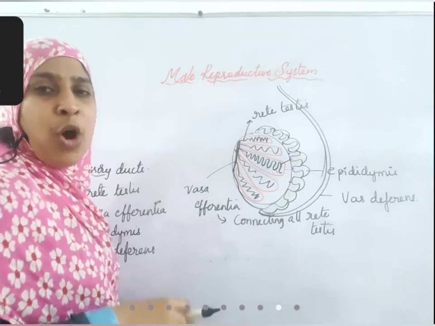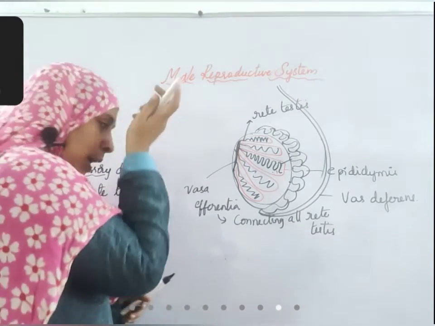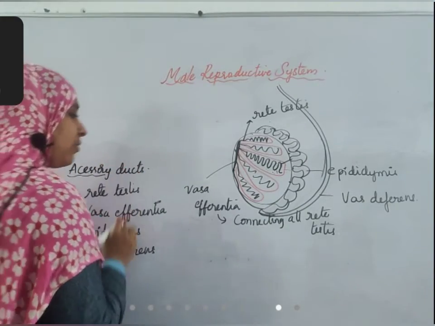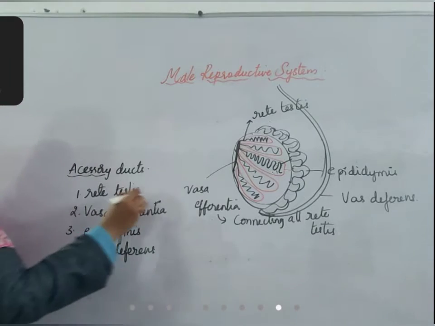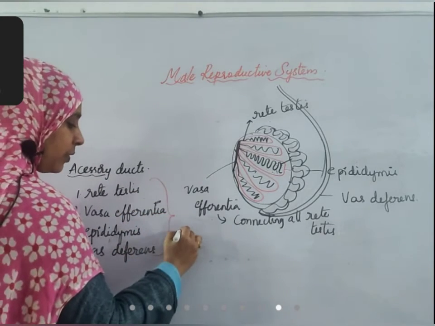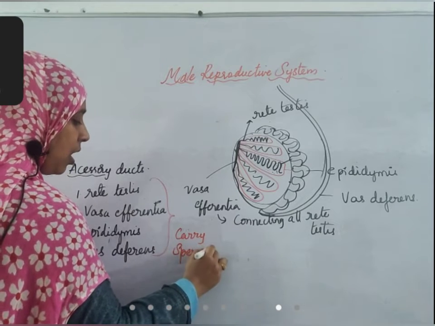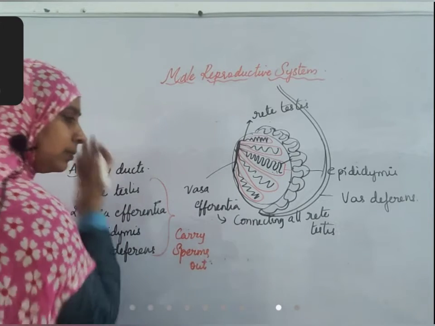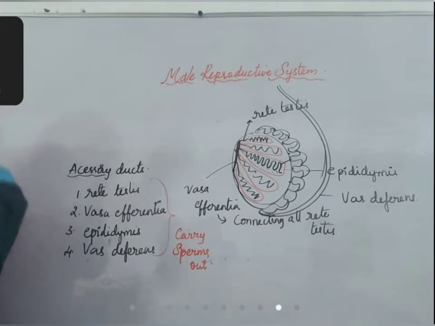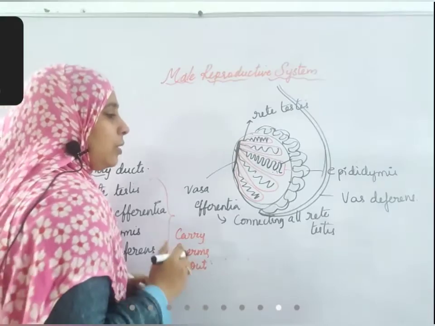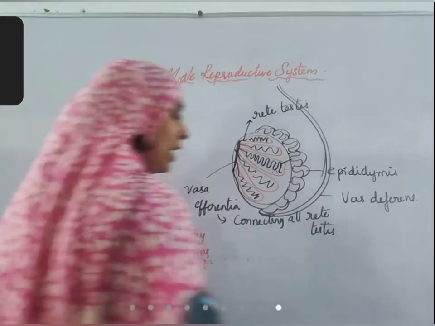These four form the accessory ducts. What is their function? The main function is to carry sperm out of the testis. But the epididymis has one additional function.